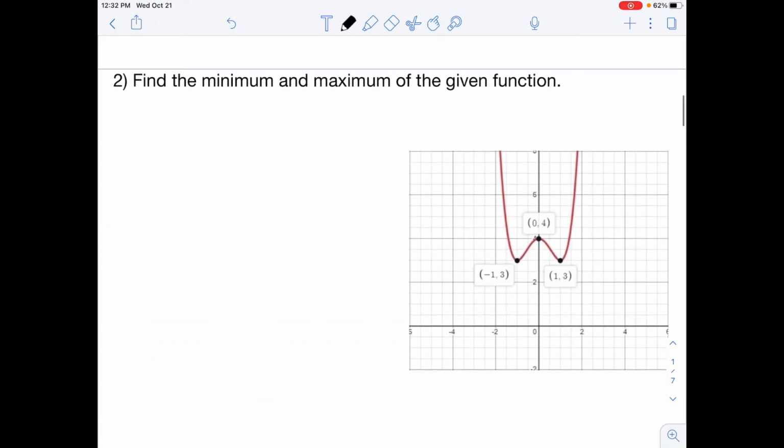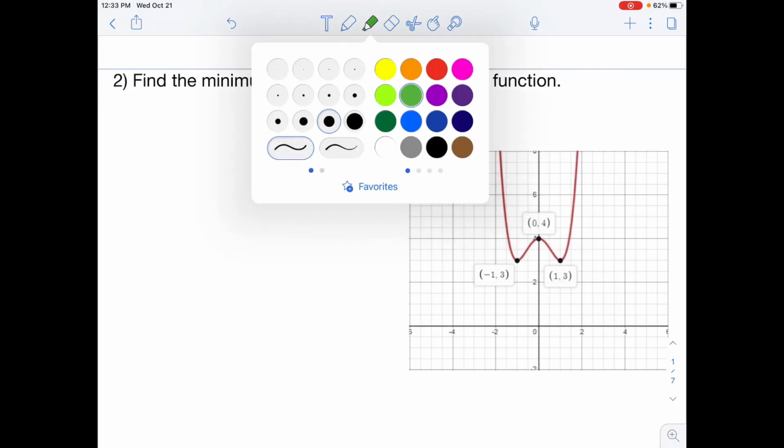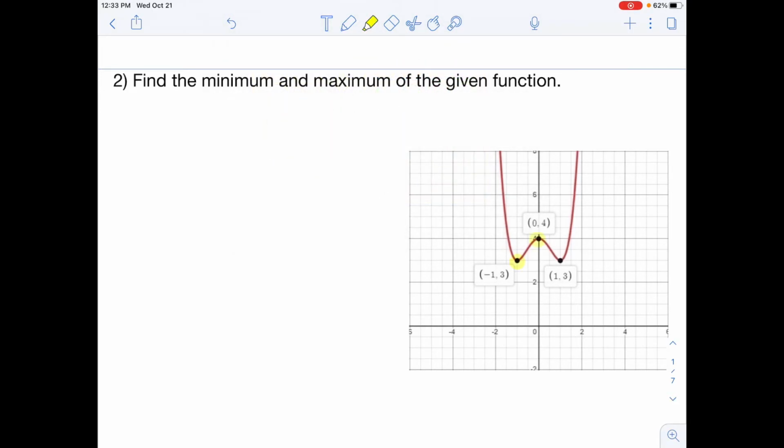Let's look at another one. So here we have this function right here. I went ahead and highlighted the different parts where it's changing from increasing to decreasing and so on, because that's where you're going to have your relative mins and maxes. If we look at these two points, you can see they have the same y value.